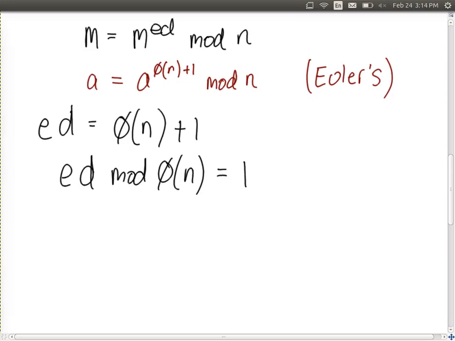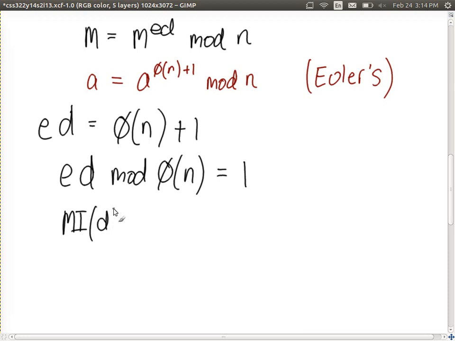So the condition is, for this to be true, we must choose values such that, I'll write it in brief form, the multiplicative inverse of D equals E, vice versa, the multiplicative inverse of E equals D in mod the totient of n. That's the condition.